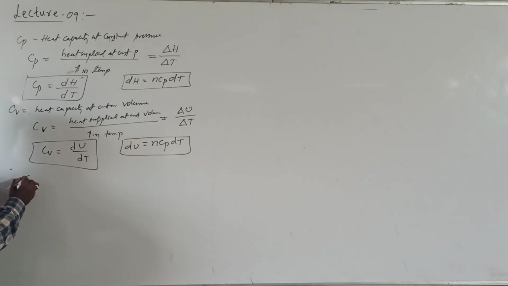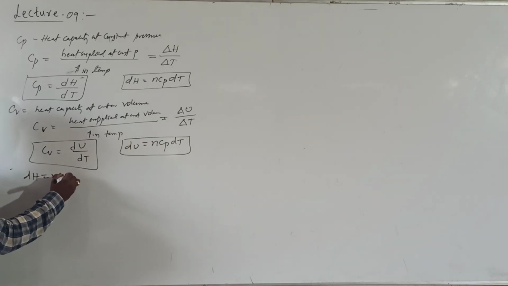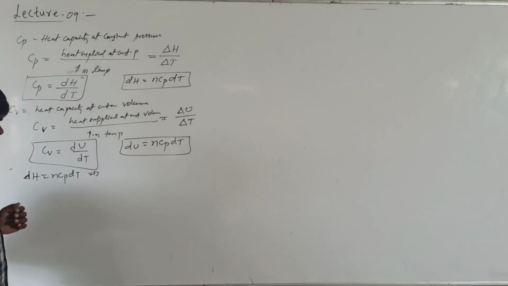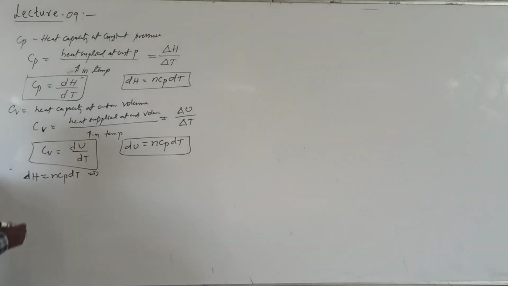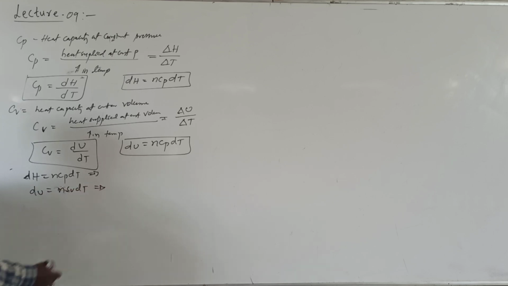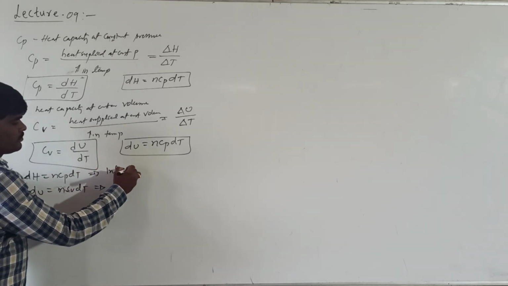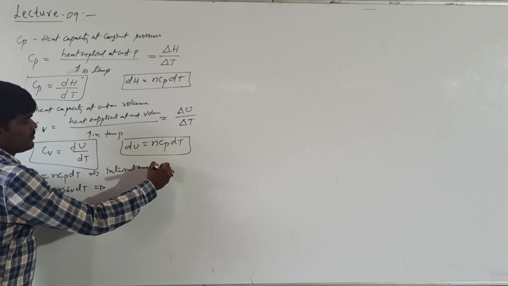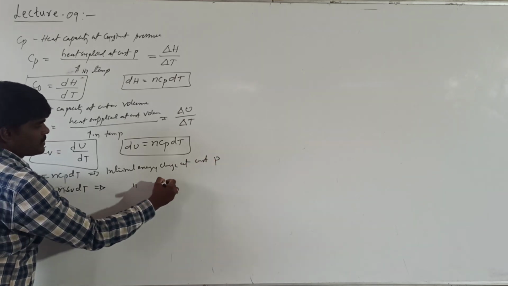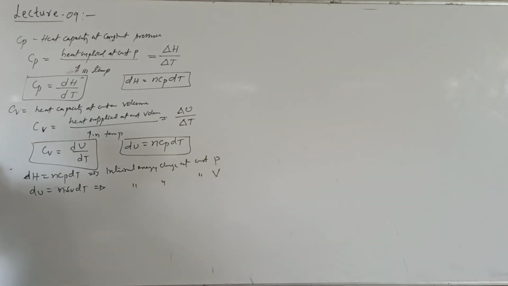Delta H equal to n Cp dT gives the heat change at constant pressure, and delta U equal to n Cv dT tells us the internal energy change at constant volume.